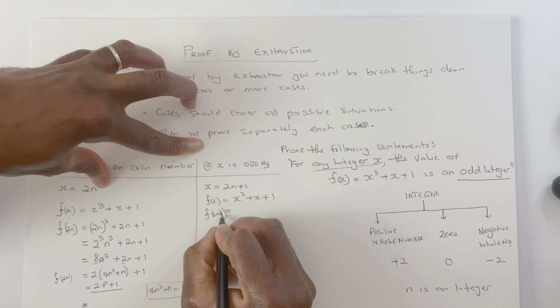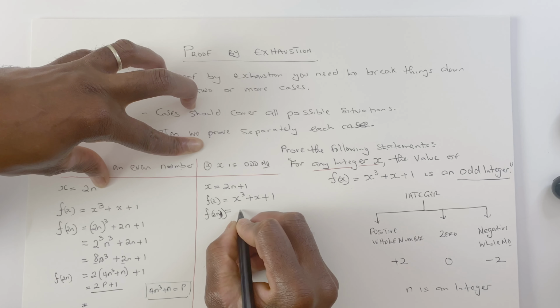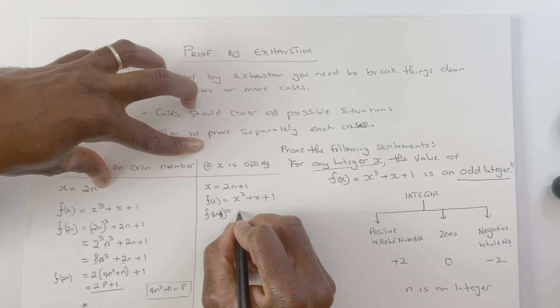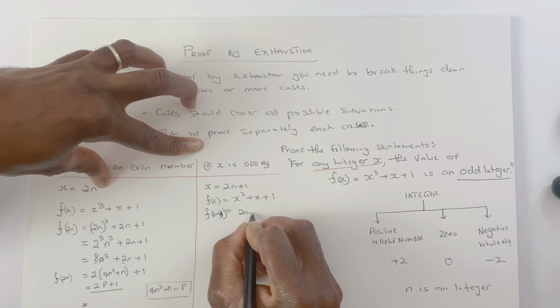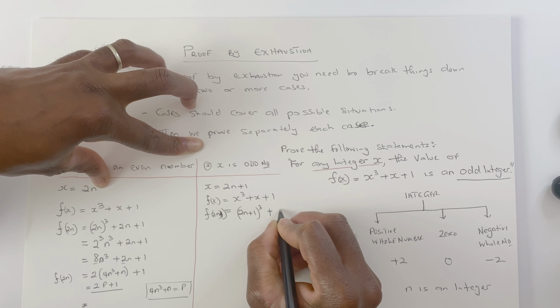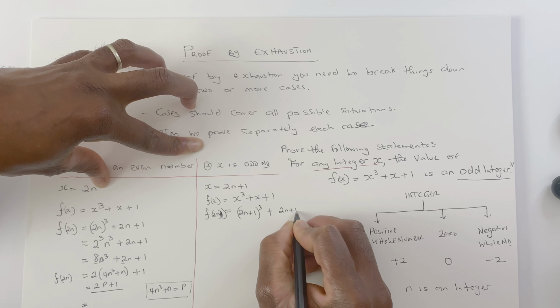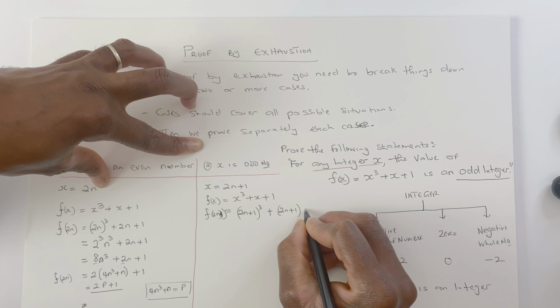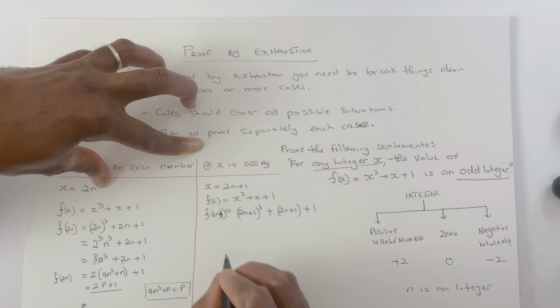So I'm going to get (2n plus 1) cubed plus 2n plus 1 for the x, plus 1.